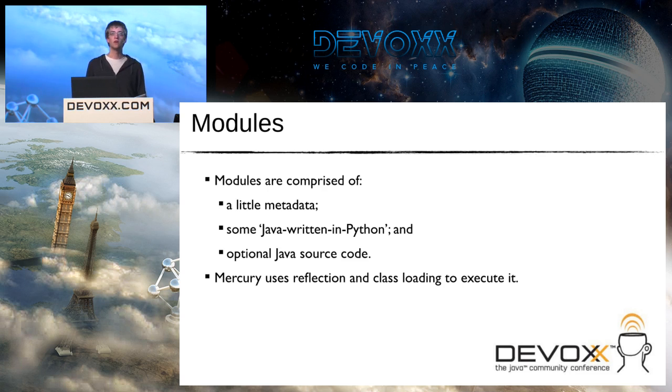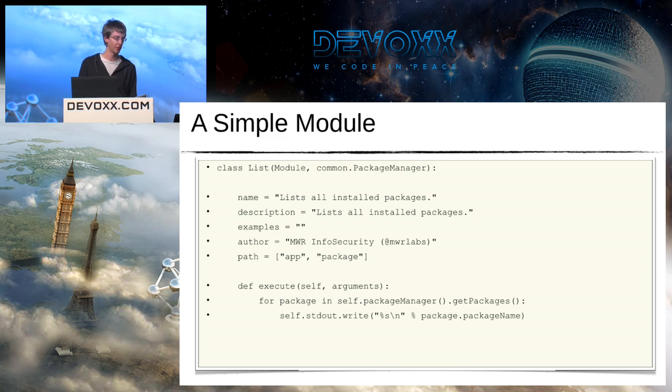So we can build tests for our own apps using this interface by writing our own modules. A module is really simple to write. It consists of a little metadata, just to tell Mercury, this is the module, this is what I want to appear as, this is where I want to be run from, and then an execute method that allows us to write Java code in Python.